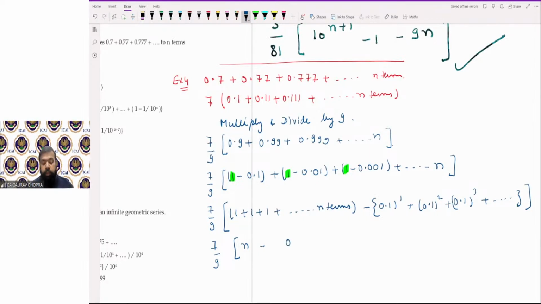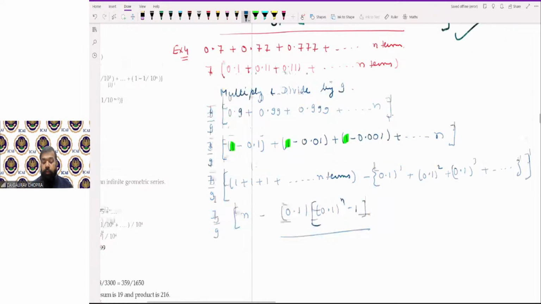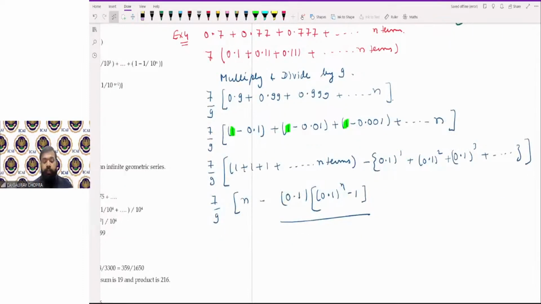तो first term is 0.1, then r to the power of n minus 1 upon r minus 1.